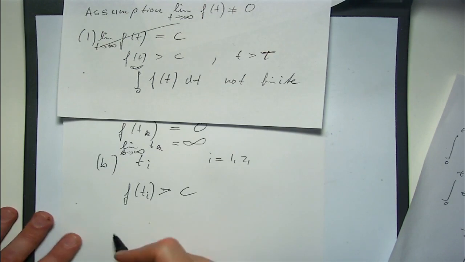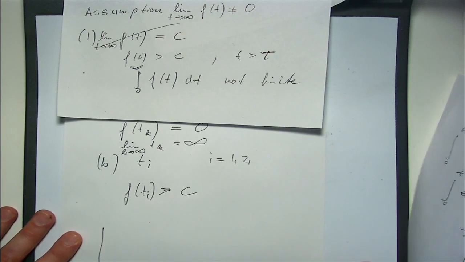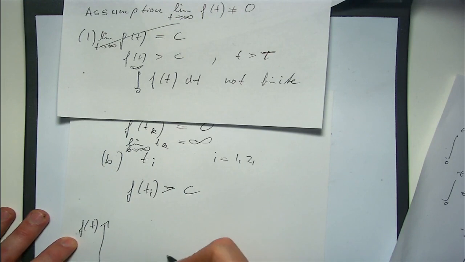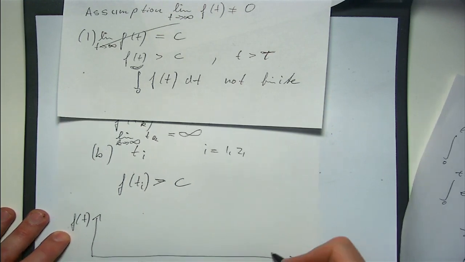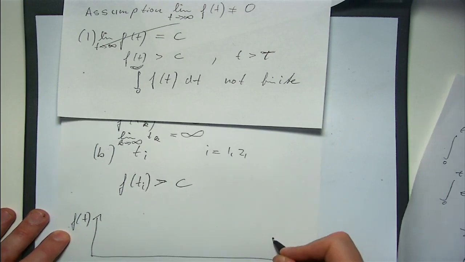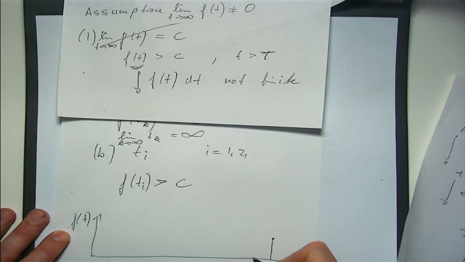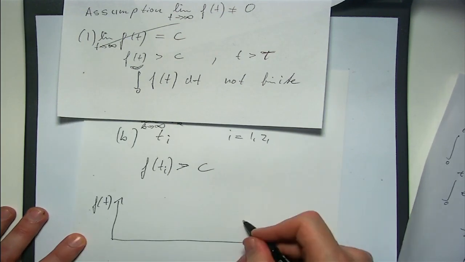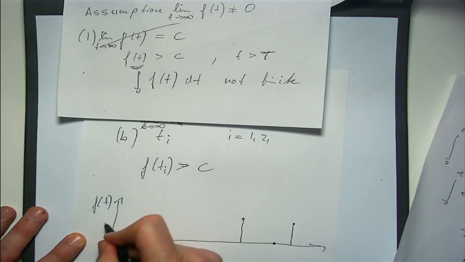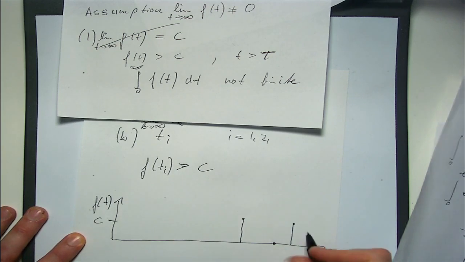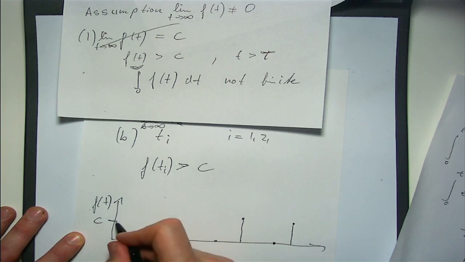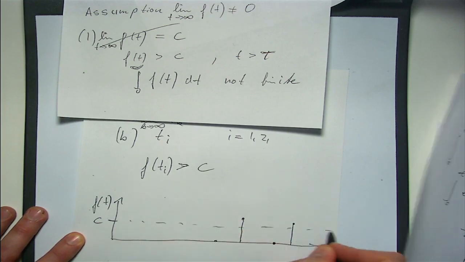So we have our f of t, and there must be points over time where we are larger, with possibly a c here, and then we are 0 again.